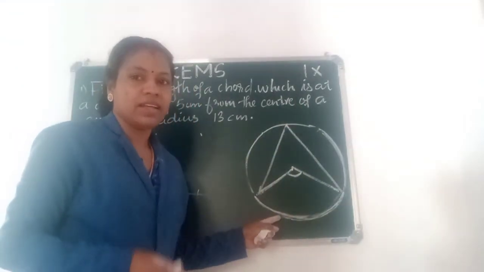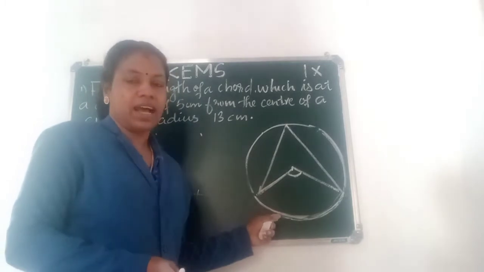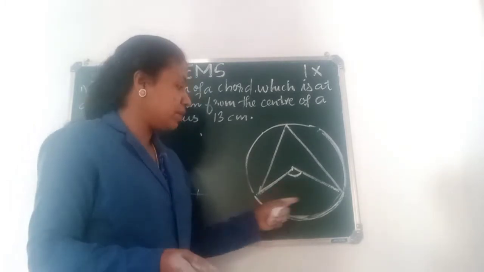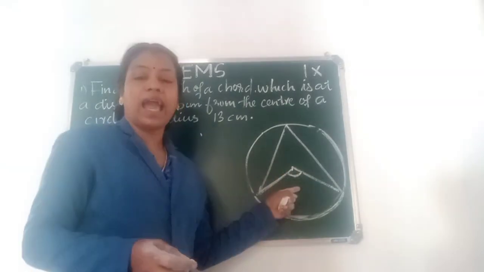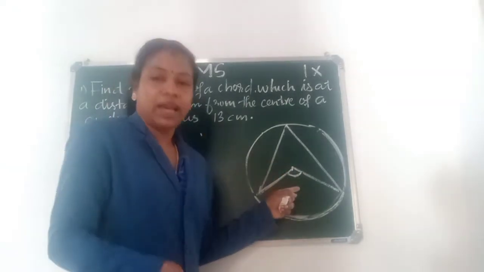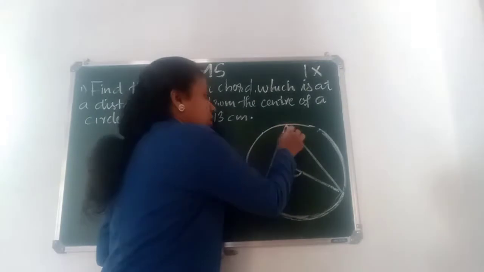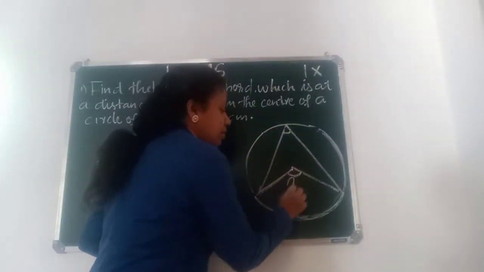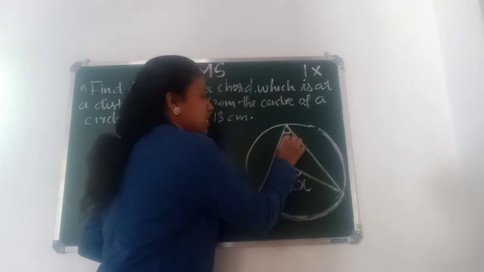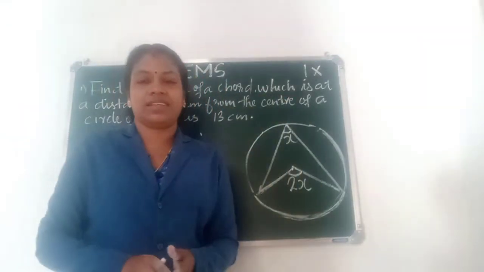Clear? Then the theorem says that an angle subtended by an arc at the center is double the angle subtended by it at any point on the remaining part of the circle. So this angle is double. That is, this is 2x, this is x.